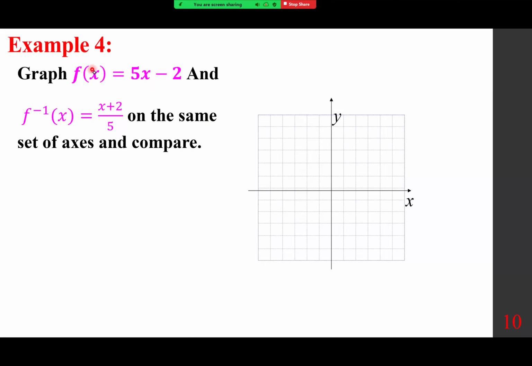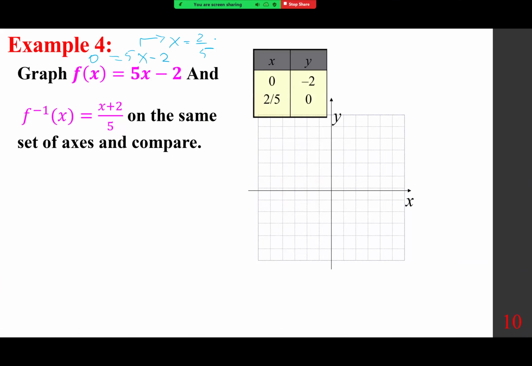And if I set y, or f of x, equal to 0, I hope you see that x is 2/5. So those are the pairs.